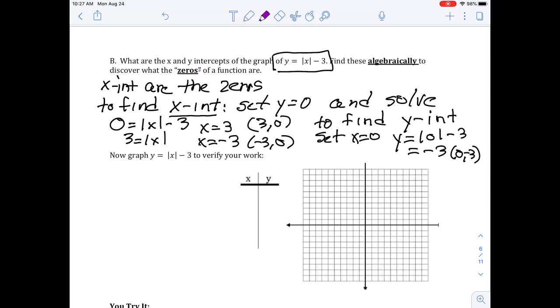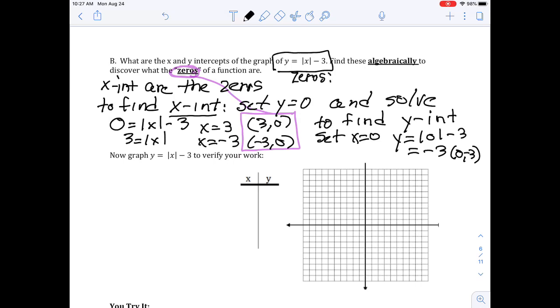Let's go back before we move on and talk again about what zeros of a function are. The zeros, and you can see how I'm connecting this here. The zeros of a function are the values that when you input them into the function, the output is 0.